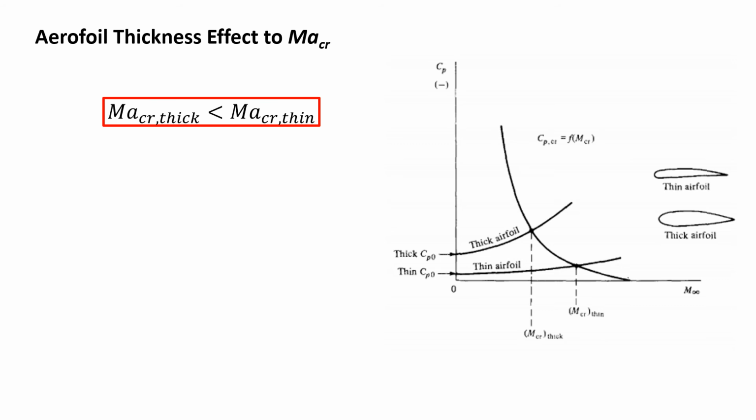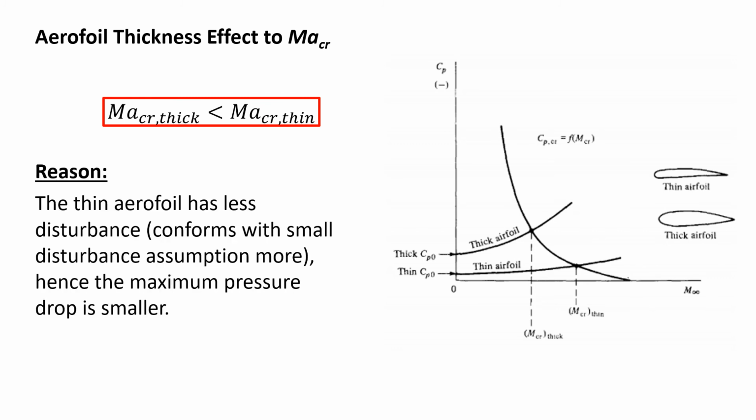A larger critical Mach number delays the appearance of the shockwave. That also explains why for high-speed or transonic aircraft, a thinner airfoil is preferred, because we can have a larger critical Mach number. The reason is that the thin airfoil has less disturbance, and it conforms with the small disturbance assumption more.